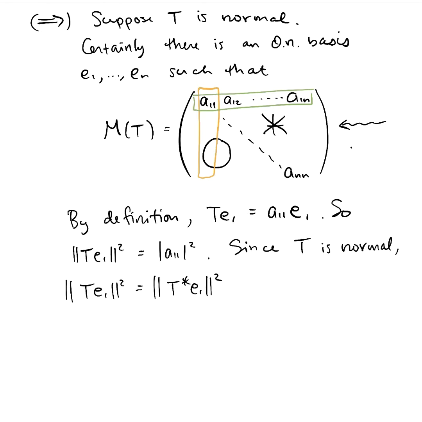We give the entries names, A11, A12, all the way through A1n. Those with bars over them are the entries in the first column of T star. So T star acting on E1 is A11 bar E1 plus A12 bar E2, etc. So we're replacing T star E1 with the linear combination of the e's that it must be due to the first column of the matrix for T star.